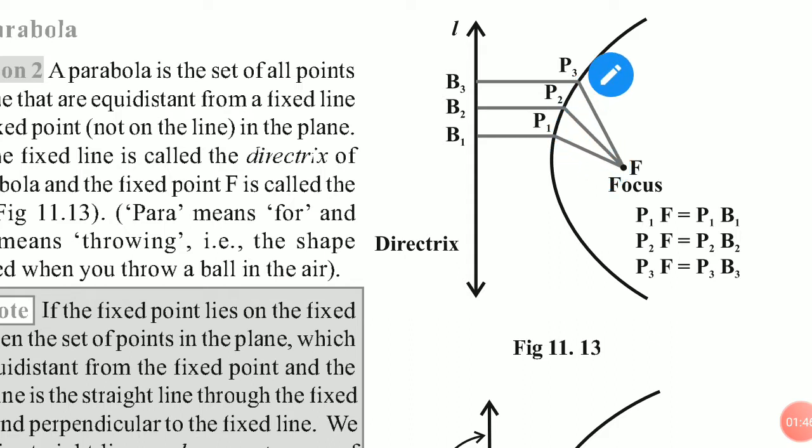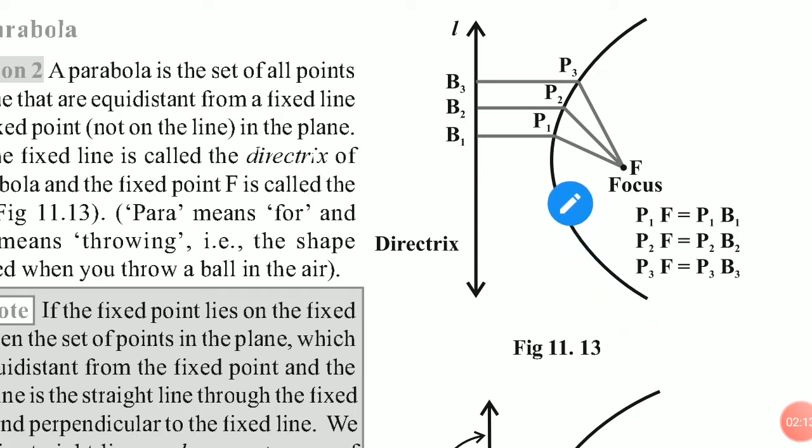This path generated is called parabola. So those distances are always equal: P1F is equal to P1B1, P2F is equal to P2B2, and P3F is equal to P3B3. So the locus of these points is called parabola.